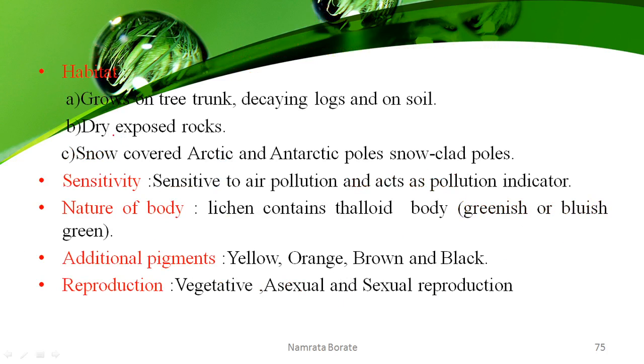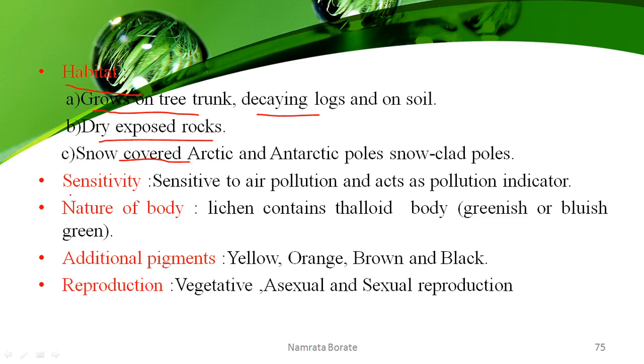The next phenomenon we see is the habitat, where these lichens grow. Lichens grow on tree trunks, decaying logs and on soil, dry exposed rock, and snow-covered Arctic and Antarctic poles.